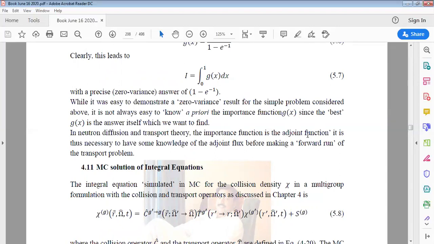And just like you saw the way we can solve the forward transport equation or the forward diffusion equation, there's a way that you can also solve the adjoint transport equation numerically, or the adjoint diffusion equation either numerically or analytically for a simple case.